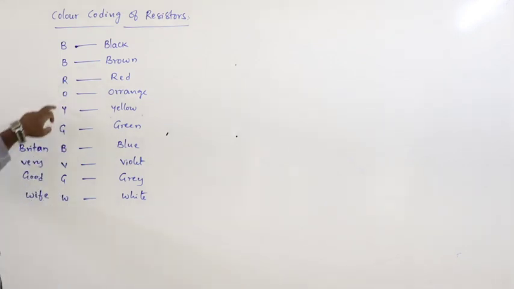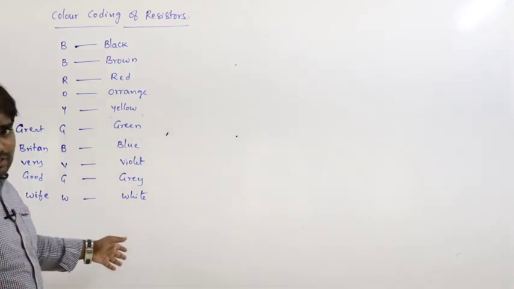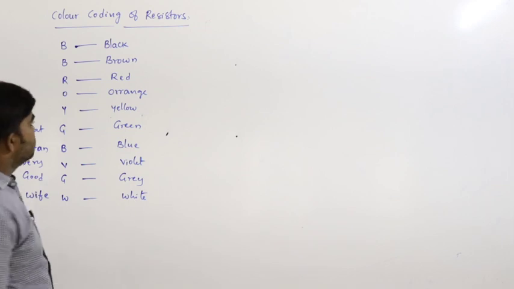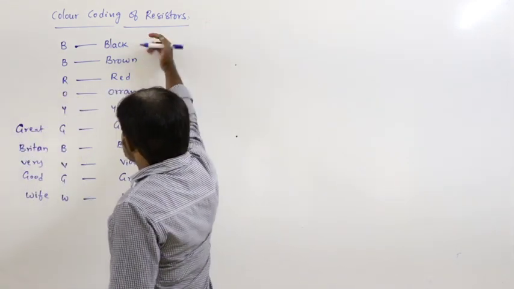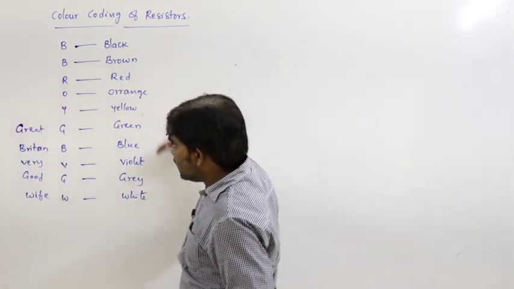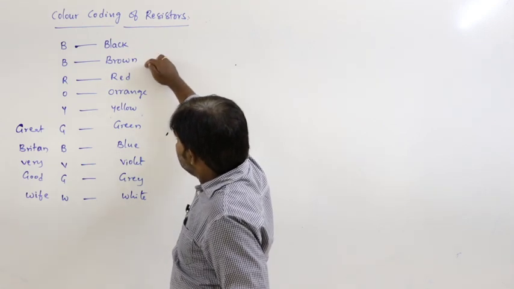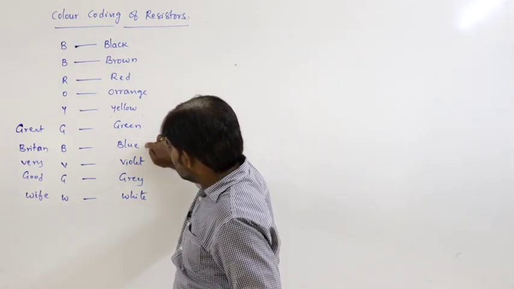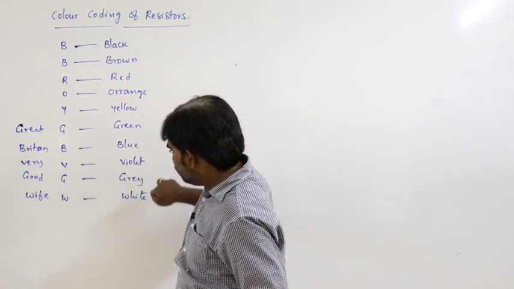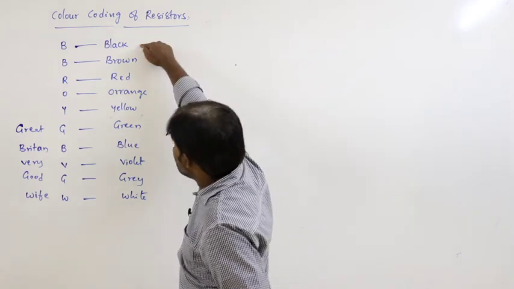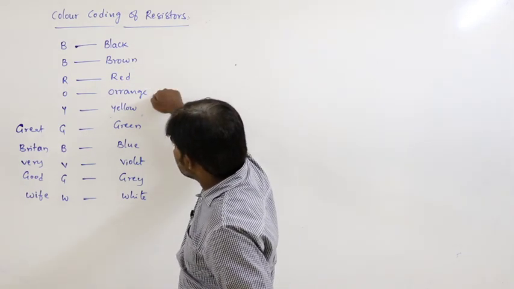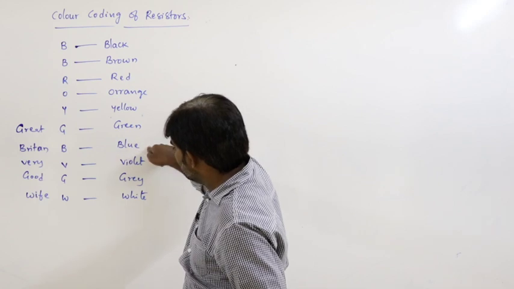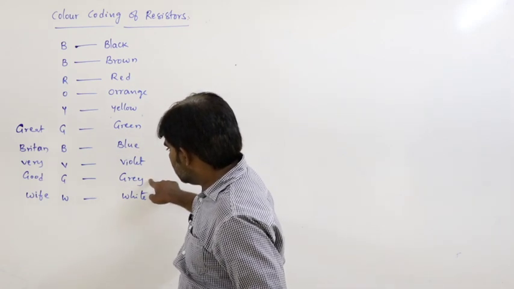With gold and silver. What are gold and silver? We can discuss that later. So this is the order: black, brown, red, orange, yellow, green, blue, violet, grey, white.